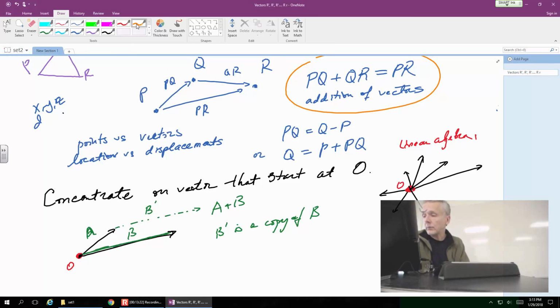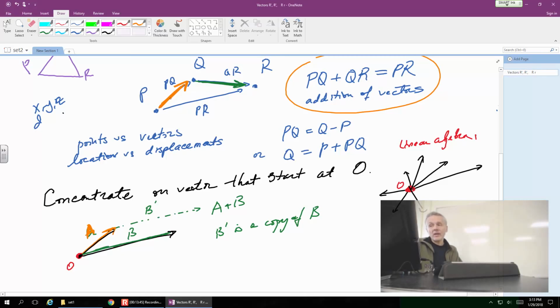Say this is A, and B is in green. So I'm taking orange and adding green to it.